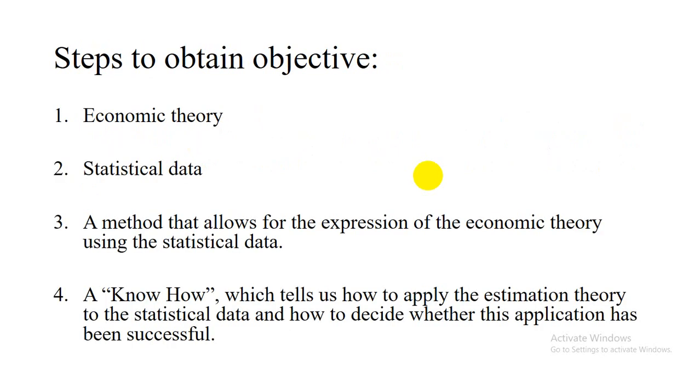The important step now is how to achieve the objective of econometrics. First, we have to take economic theory, then take statistical data from different sources, and then apply the accurate mathematical model according to theory.